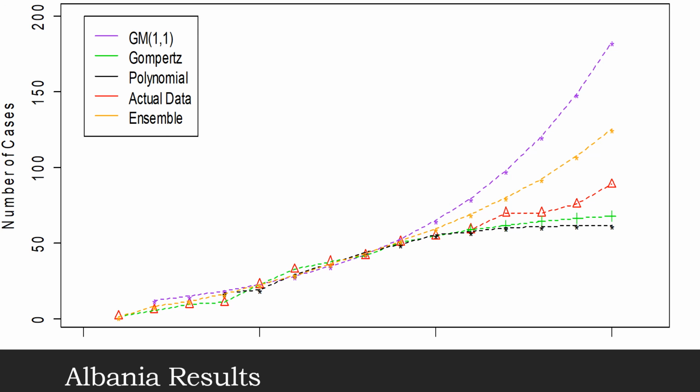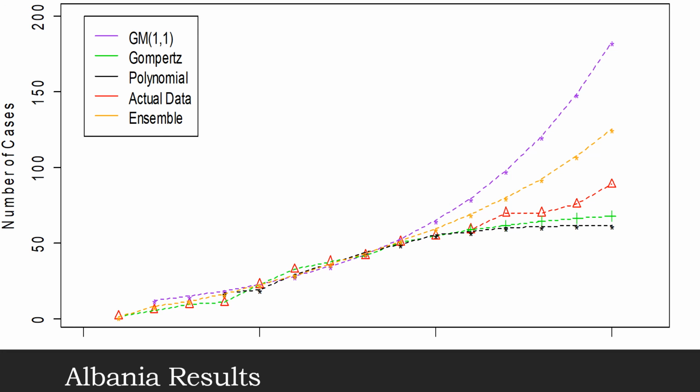On this particular one, as the days elapse, we see a much larger difference in the performance of the algorithms, where it looks like the Gompertz model might have the best performance.